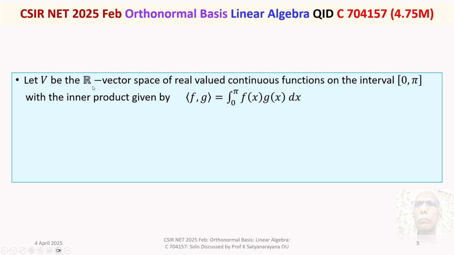Let V be the R vector space of real valued continuous functions on the closed and bounded interval 0 to pi with the inner product given by the inner product of f comma g is equal to integral 0 to pi f of x g of x dx.